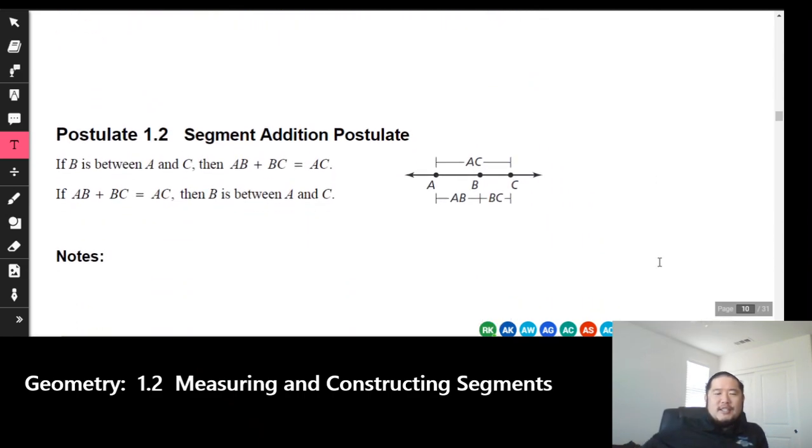The segment addition postulate. Now this one is a big one. You're going to see this used so many times, especially in proofs later on. But simply put, they're saying this.